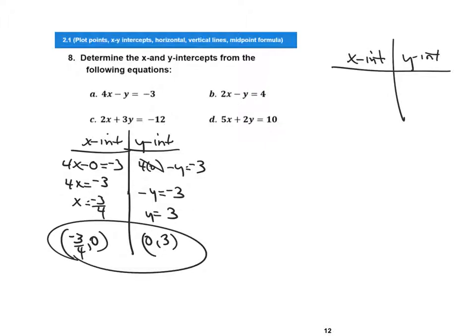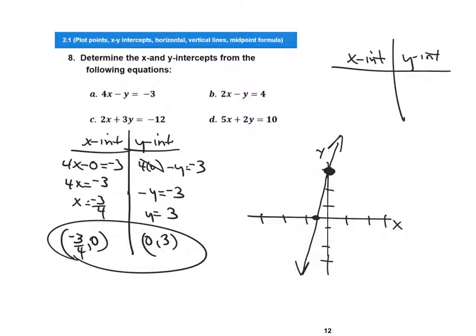I'd like to see those ordered pairs to represent the x and y coordinates, because if I want to just do a quick sketch of this, and there's 1, 2, 3, then (0, 3) would be here, negative 3/4 would be about right there, and then it's just connect the points and you've got a sketch. So we are plotting it by the intercepts. Once you know the intercepts, you go ahead and graph those.